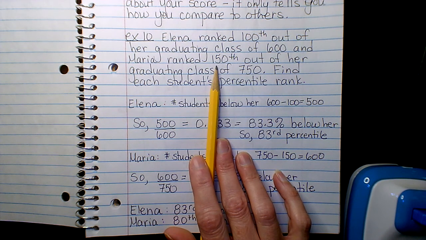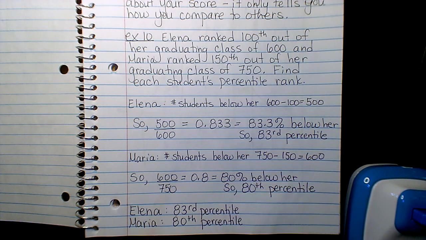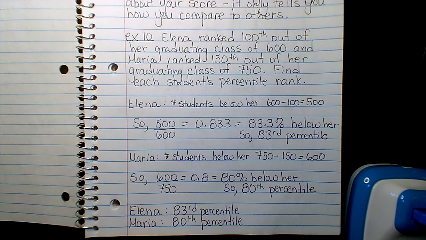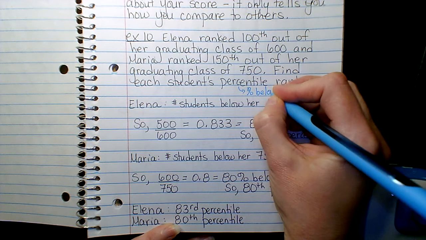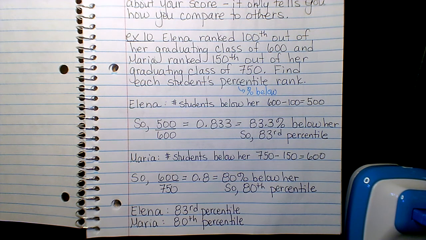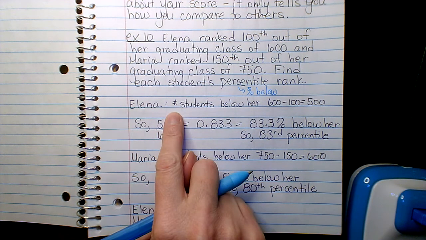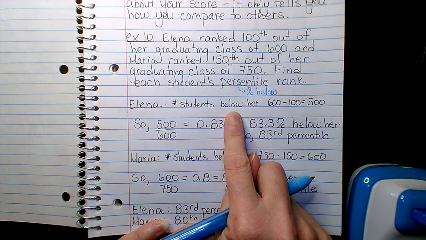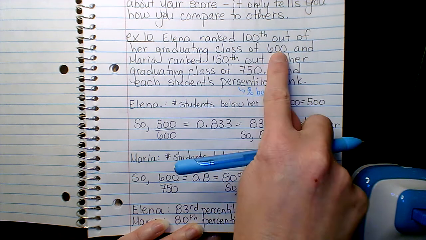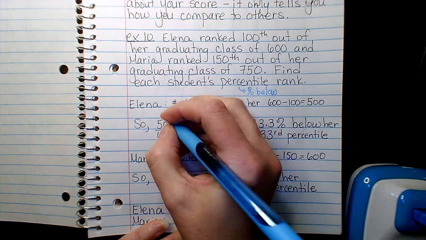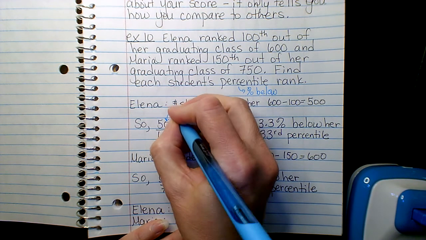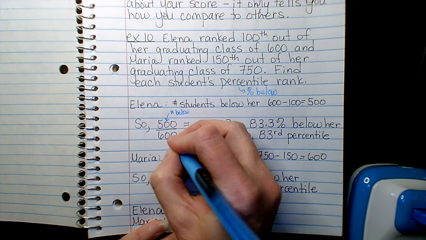Well, they were out of a different total. So here's what we're going to have to find. A percentile is a percent below. First, we need the number of students who were below her. If she was 100 out of 600 students, then there are 500 students below her.